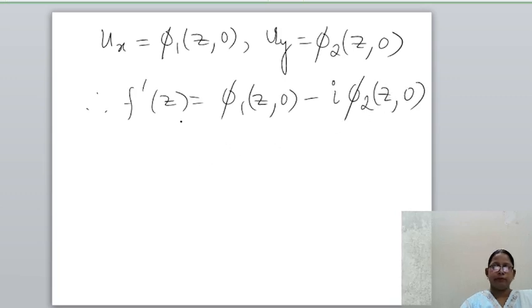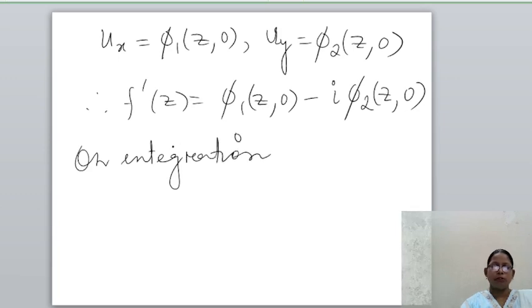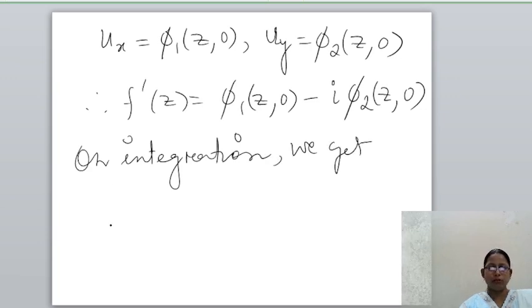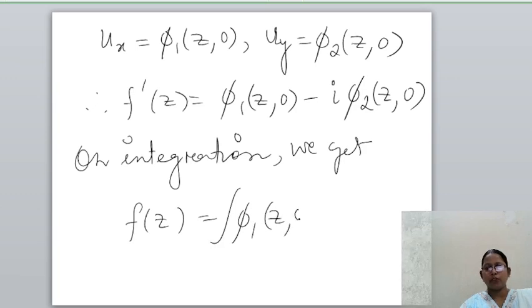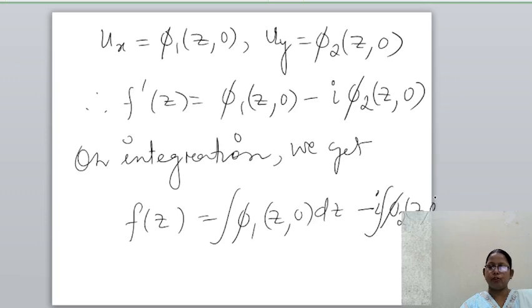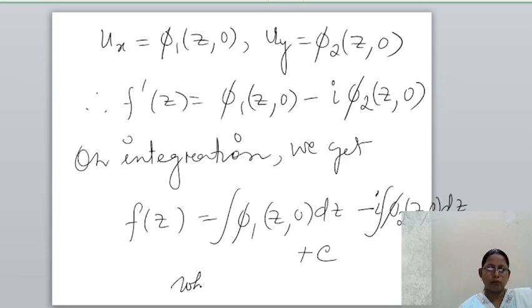On integration, we will get f(z) equals the integral of φ1(z,0) dz minus i times the integral of φ2(z,0) dz plus c, where c is the constant of integration.